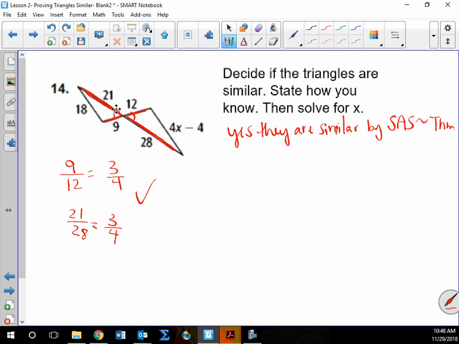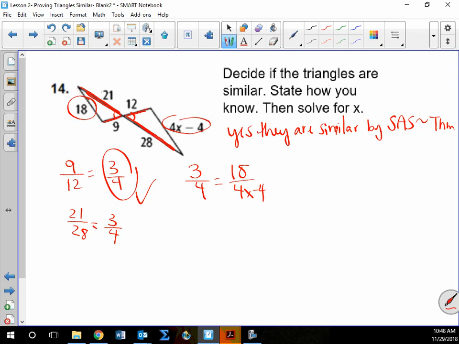Now solve for x. Okay. How do we solve for x here? You can take your ratio, 3/4, and equal it to 18 over 4x minus 4. Awesome. That's perfect. 3/4 equals 18 over 4x minus 4. I know my ratio. Just set up the other side of your proportion in that same order.